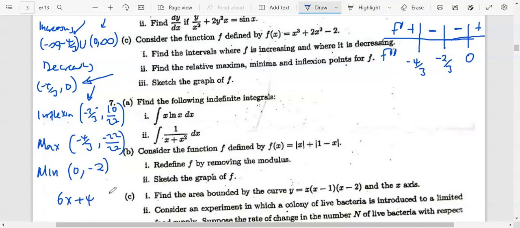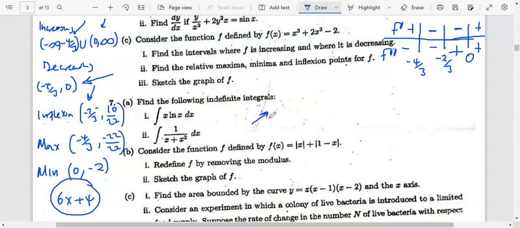This is a second derivative which we equated to 0 to get negative 2 over 3. What happens if I get values of x greater than negative 2 over 3, for example, a 0, I put here, it will be positive. And then as long as I cross the negative 2 over 3, it is going to be negative.